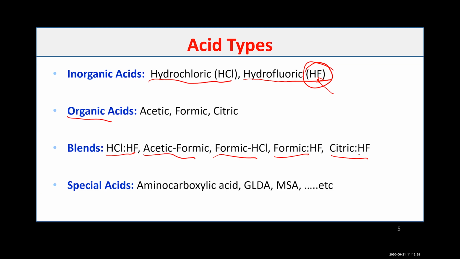However, in some cases, we need them. Examples of this acid are aminocarboxylic acids, GLDA, MSA, EDTA, and there's a lot of families for this one. However, we use them for very narrow usage, under special conditions only.